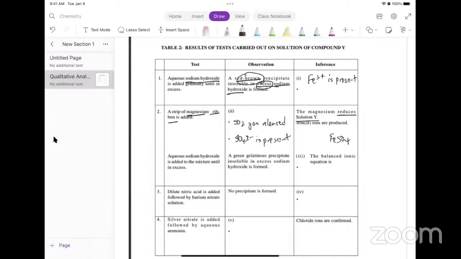Oh, sorry, I put that in red, right? So a gas is released. A colorless gas is released because sulfur dioxide will be colorless. The gas is sulfur dioxide, SO2. So gas is given off.